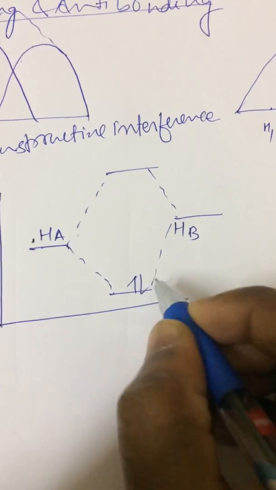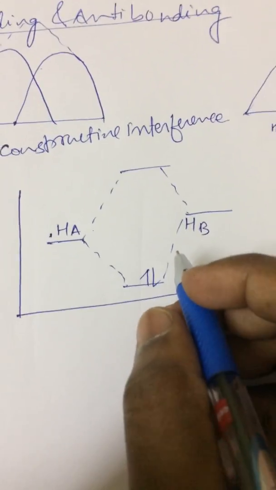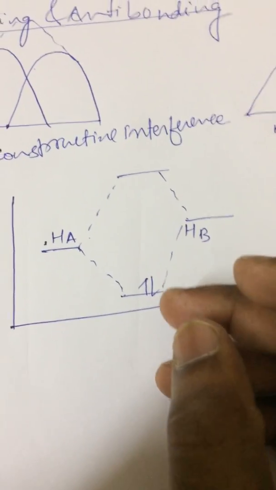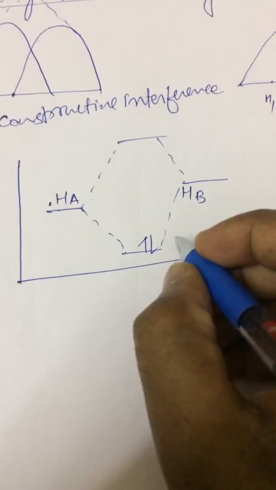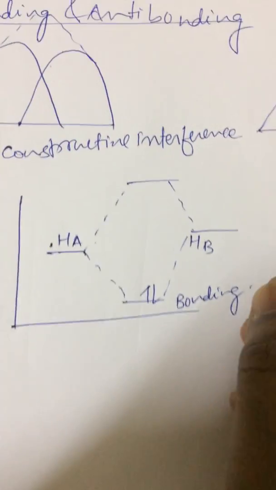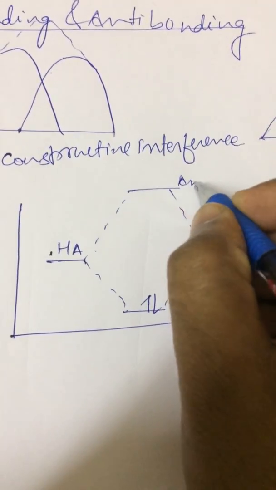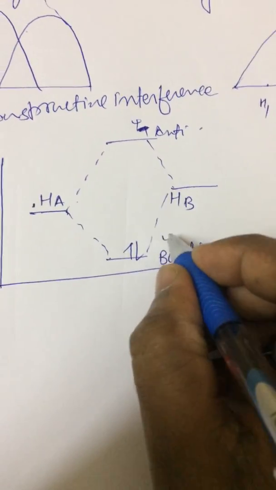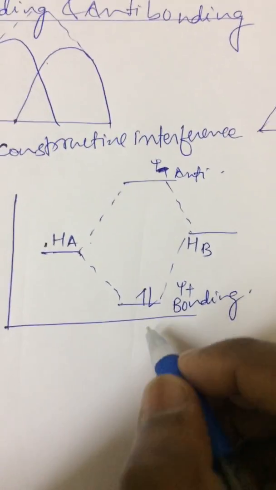As you know, the hydrogen molecule forms by sharing 2 electrons, and one hydrogen atom has only a single electron. So this is the bonding and this is antibonding. If we denote this as psi 1, this is psi plus, and this is bonding.